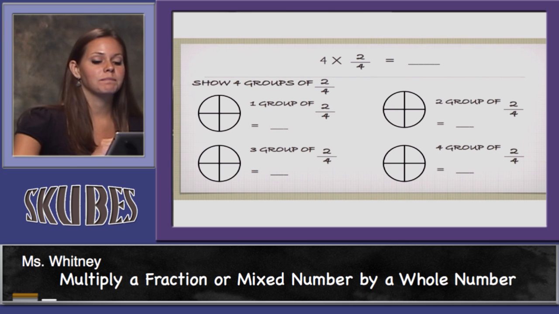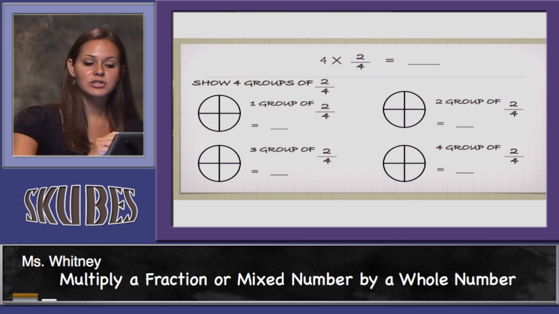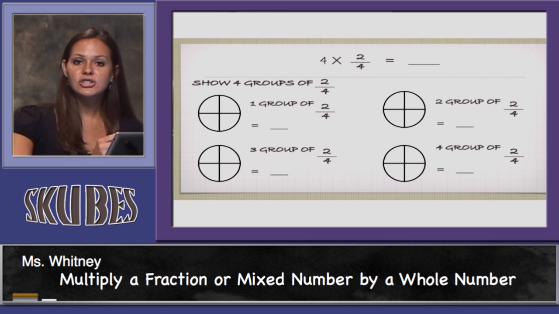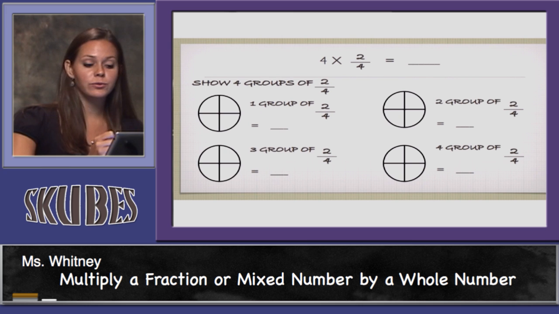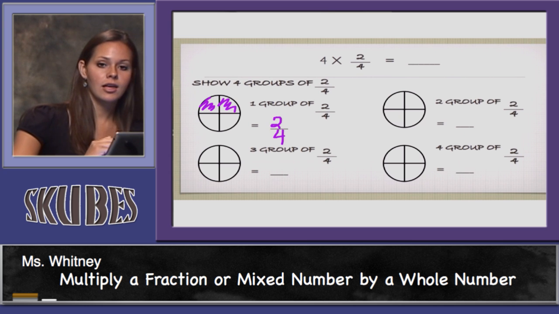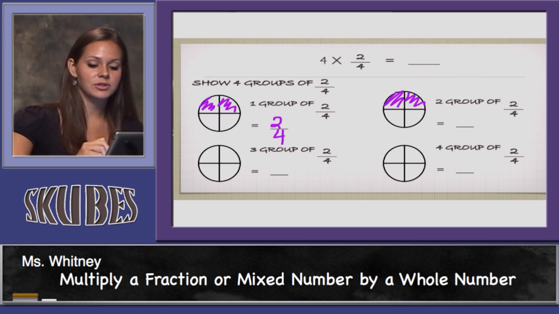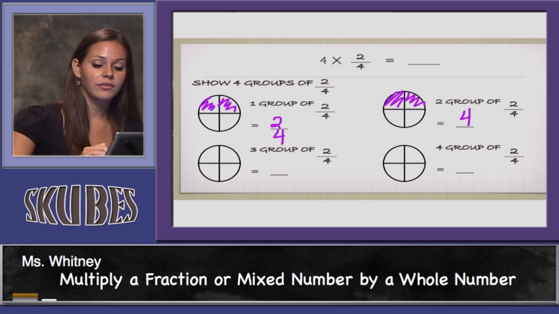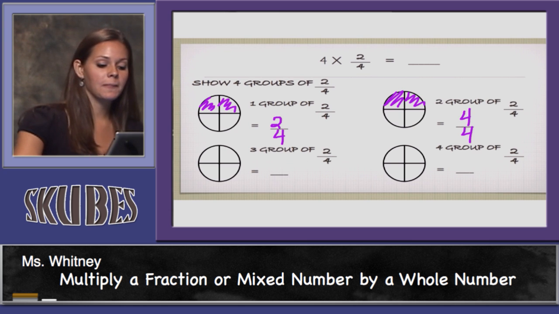Let's model it again. 4 times 2/4. Let's show 4 groups of 2/4. Here's our first group of 2/4. Our second group of 2/4, which gives us a total of 4/4.